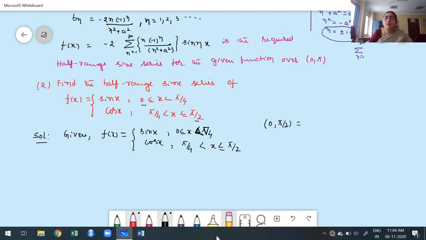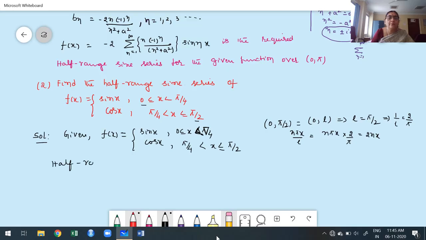In half range, our interval is 0 to L, which implies L is pi by 2. That implies what is my 1 by L? 1 by L is nothing but 2 by pi. Now n pi x by L, n pi x into 2 by pi, pi pi cancel, what we get? 2nx. Now based on that we have to write the formula.